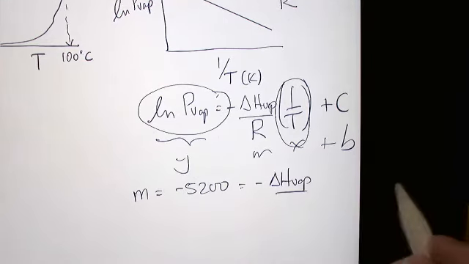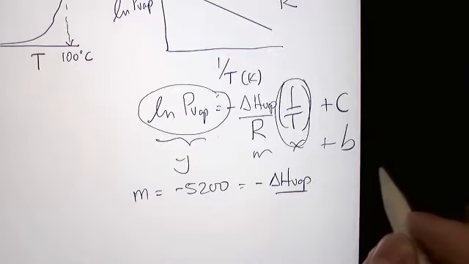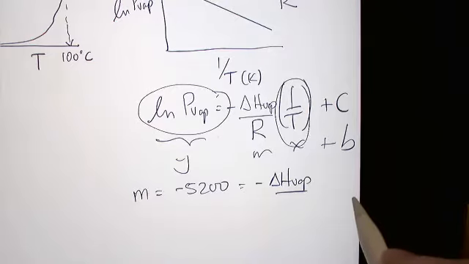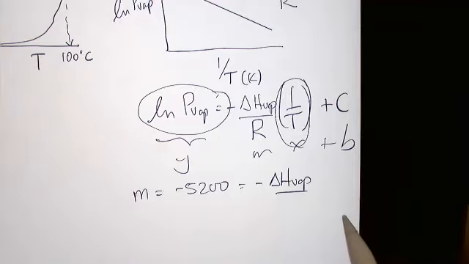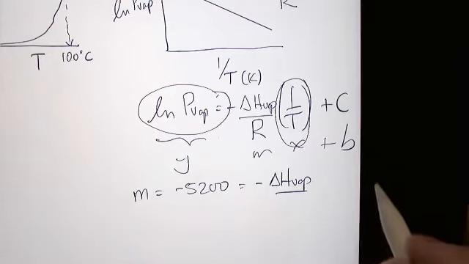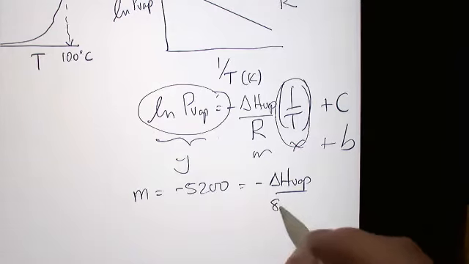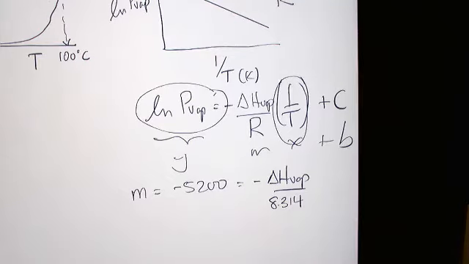Now, which R do we use? Which gas constant do we use? Anybody? Atmospheres. No, we want the SI version of R, the one that's going to give us joules. 8.314, which is the SI version for R. If you'd forgotten that that's the SI version, you should remind yourself there.